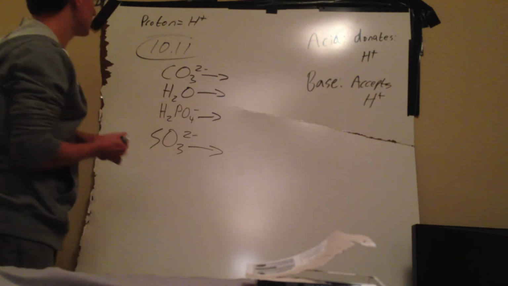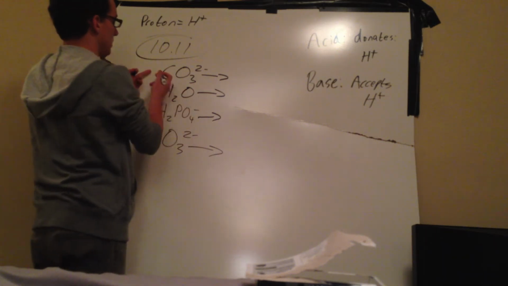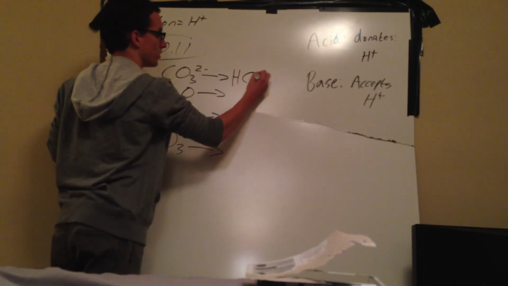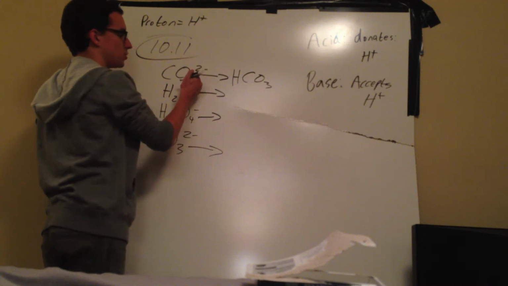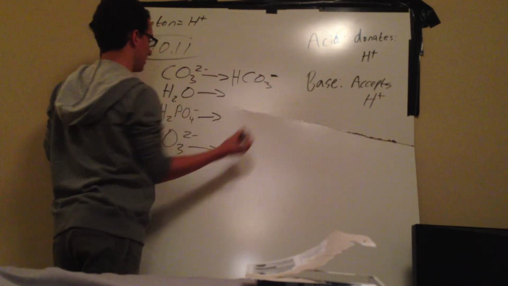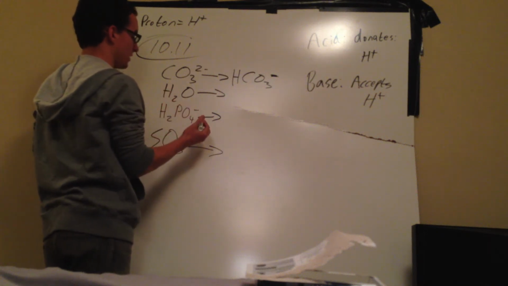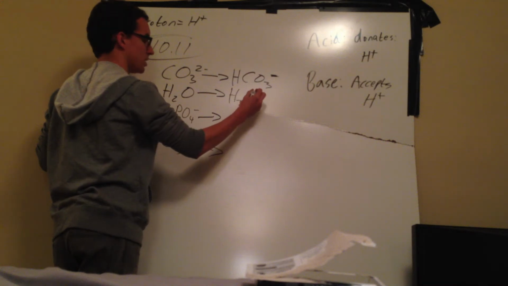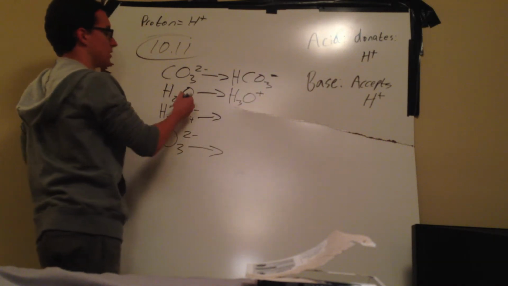So CO3 2 minus is going to become HCO3 because it's gaining a hydrogen, and since it's -2 charge, it's going to go up 1 charge. So it becomes HCO3 minus. H2O is going to gain a hydrogen, so it becomes H3O. And that's +1 because it's going from neutral, gaining a plus charge.